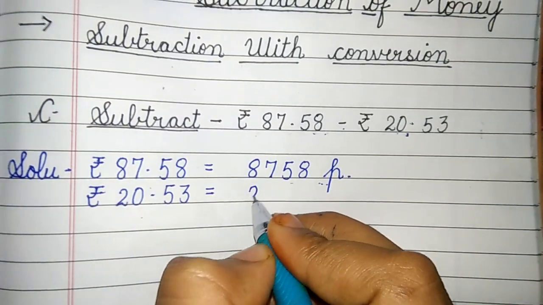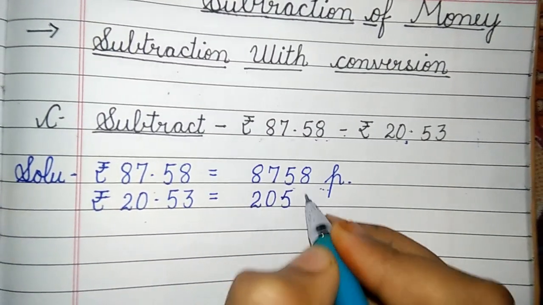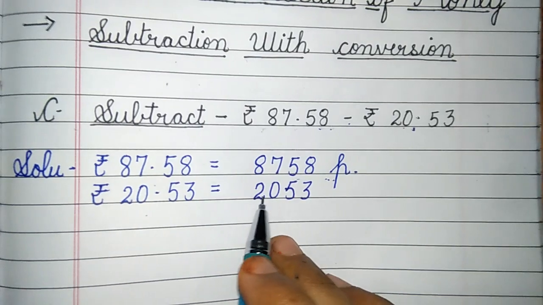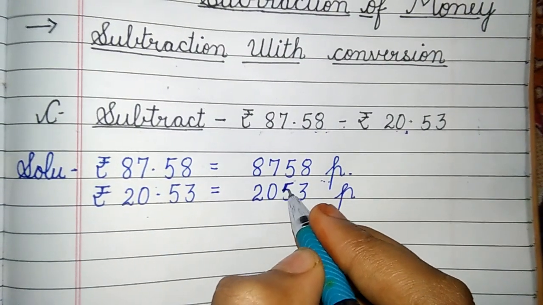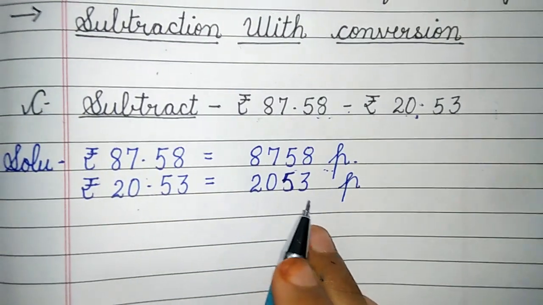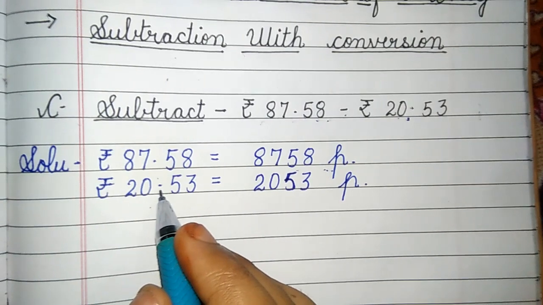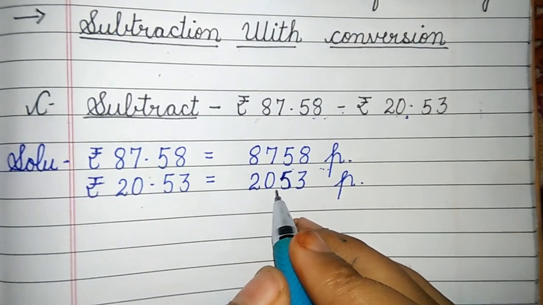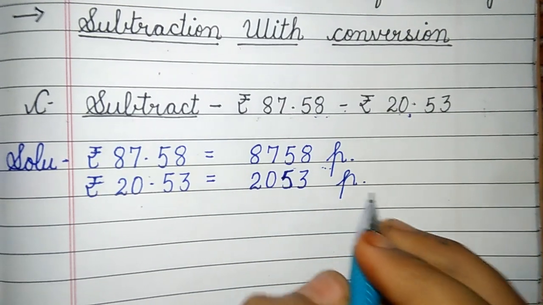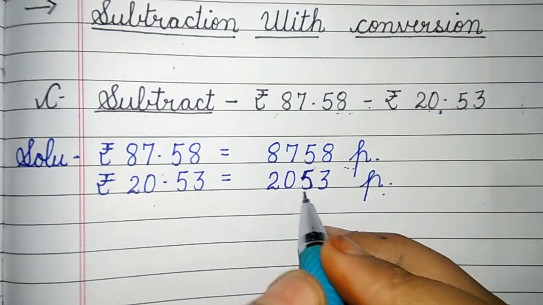So we will write 2053 paise. Now we will remove the dot. Write 2053 paise. Clear? You can see that it has converted into paise.